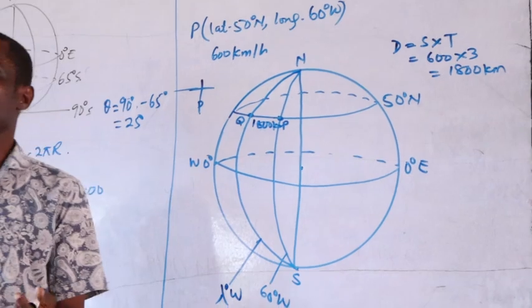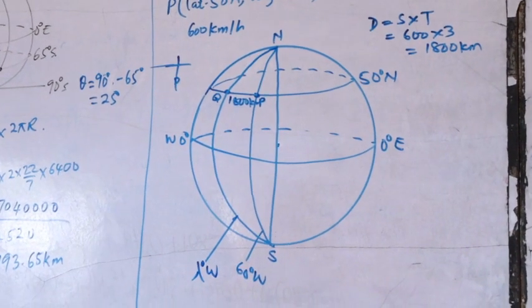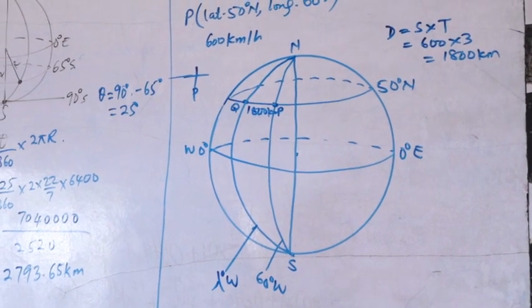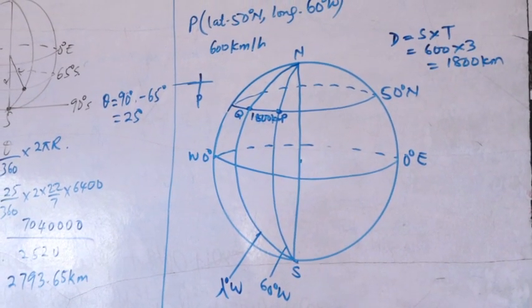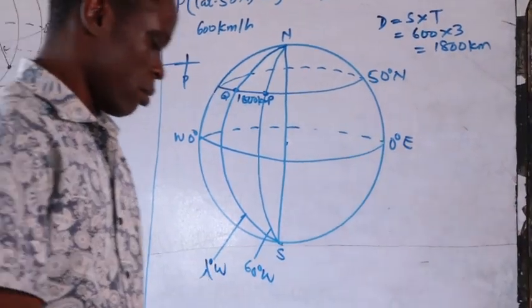The distance between P and Q is 1,800 km. If distance is given in the question, you don't need to multiply the speed by 3. Is that taken? Yes, sir.